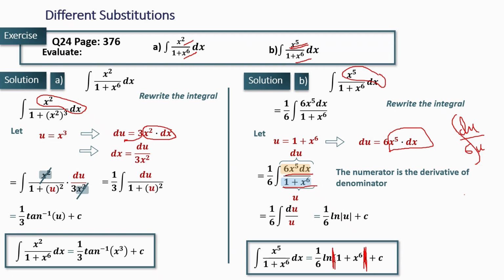Sometimes, if it is an even power, it has no effect, because whether you have negative or positive, it's going to be positive. But whatever it is, it's better to use the absolute value to avoid confusion.